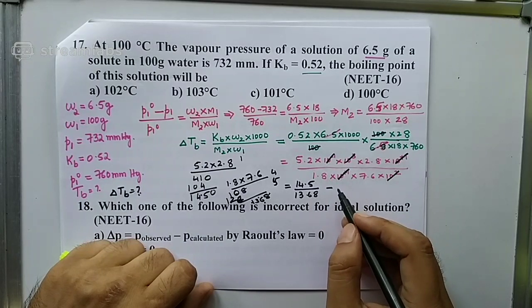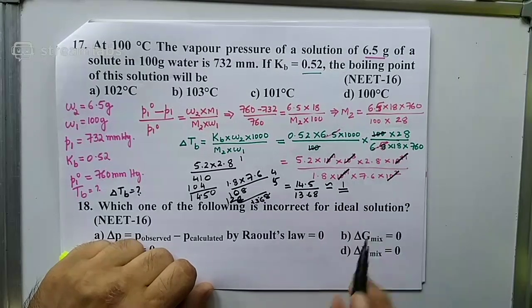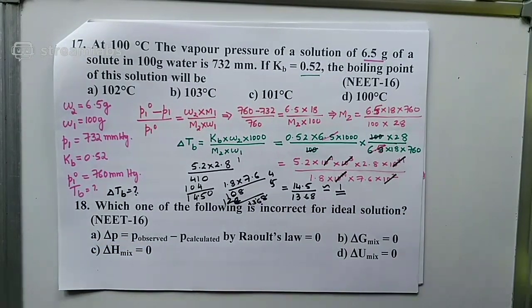Approximately you can take it as 14.5 divided by 13.6, which is nearly equal to 1. So delta TB comes out to be nearly equal to 1.